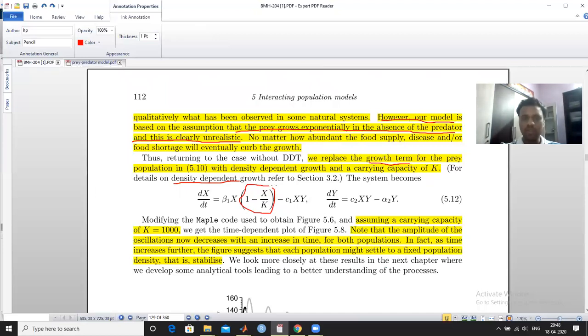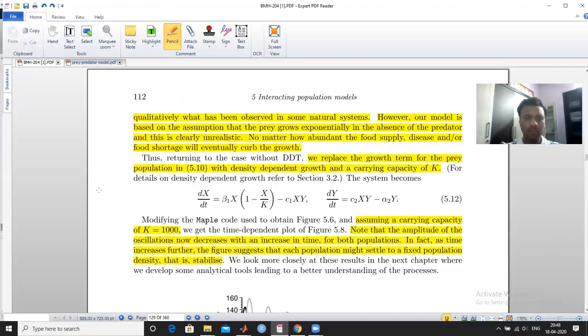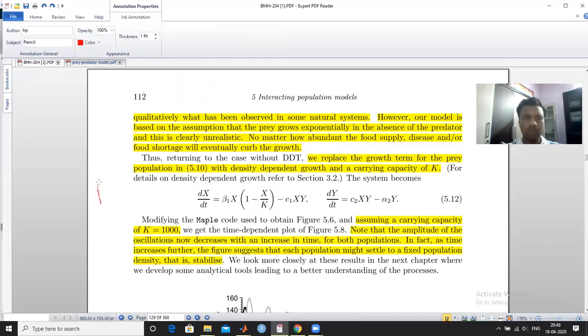So this growth term, actually this was the beta 1 y and x. This was the term, and this was the rate due to the population of the prey.